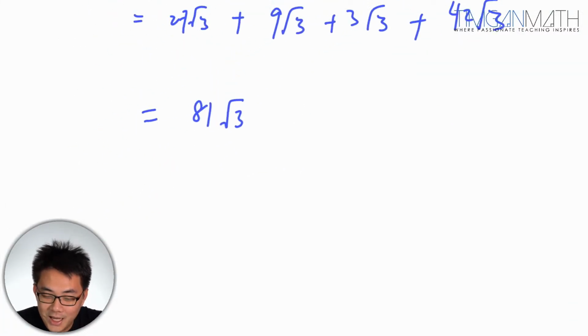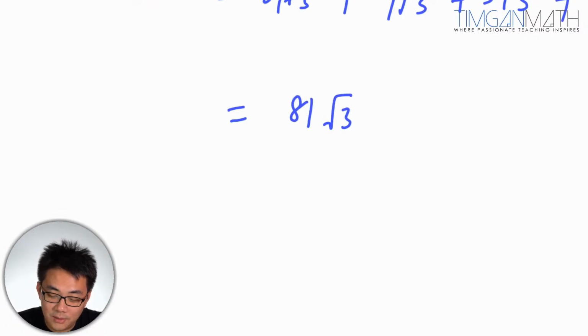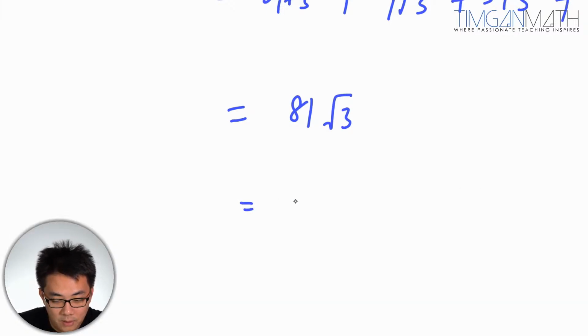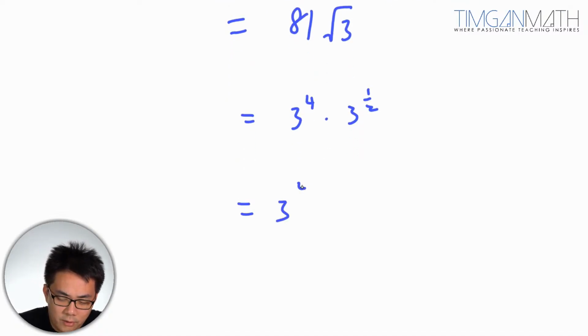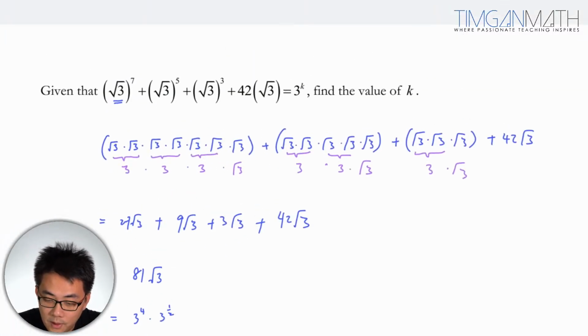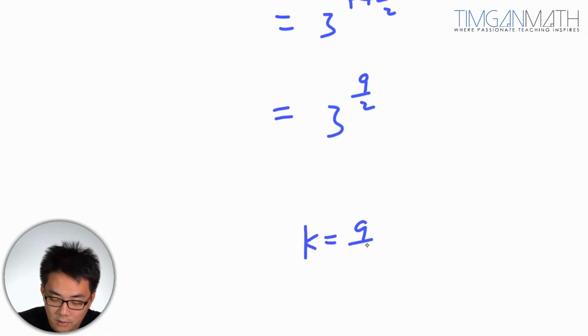What you could do is just remember that root 3 is 3 to the power of a half. 81 is actually 3 to the power of 4. So this is 3 to the power of 4 plus a half, which is 3 to the power of 9 over 2. In other words, k would be 9 over 2.